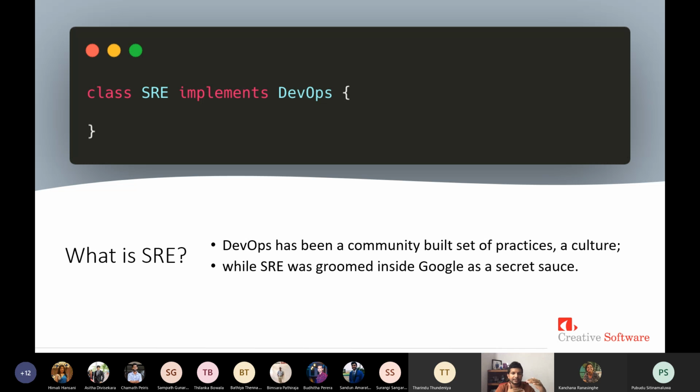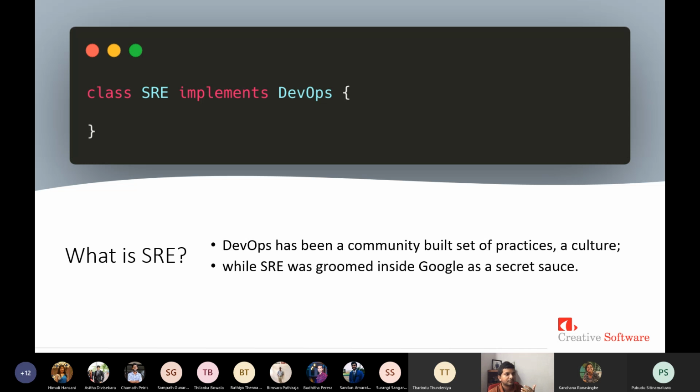These are a set of best practices under DevOps. It's more like a culture. And when we talk about site reliability engineering, SRE actually implements these concepts or best practices, which we call DevOps. So DevOps is more like a skeleton of activities. SRE can implement them any way they want.